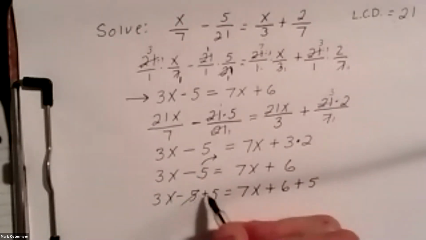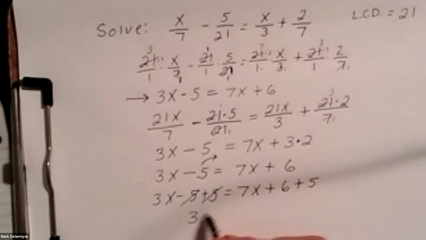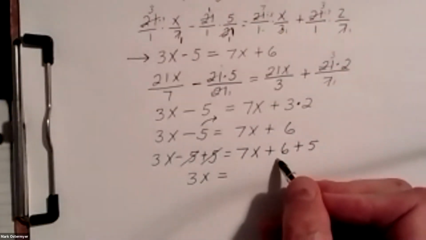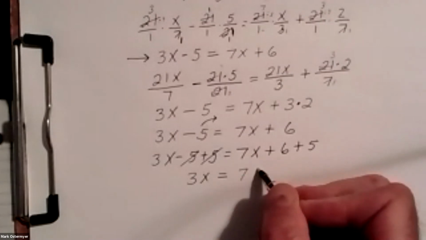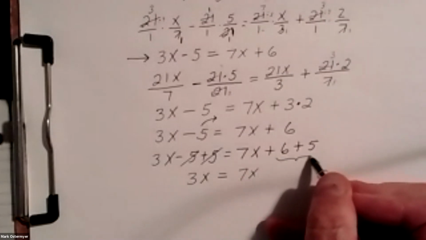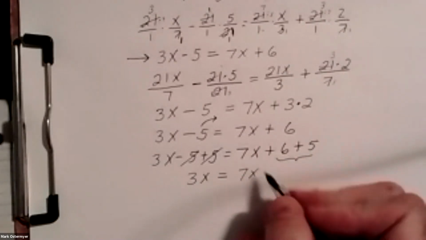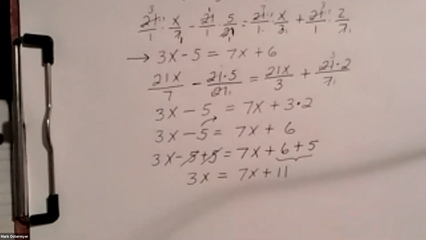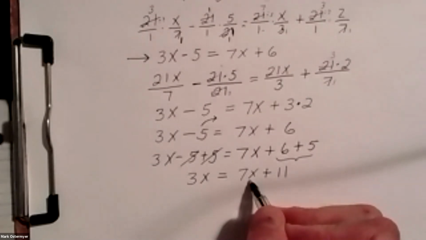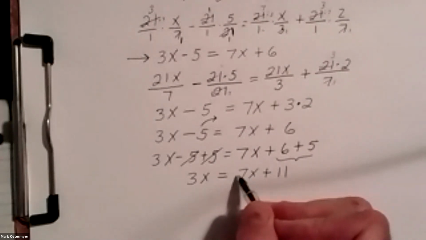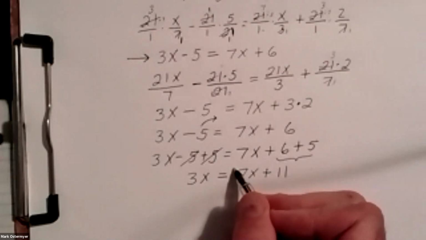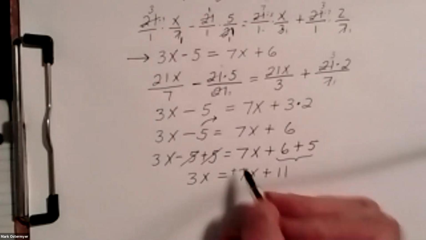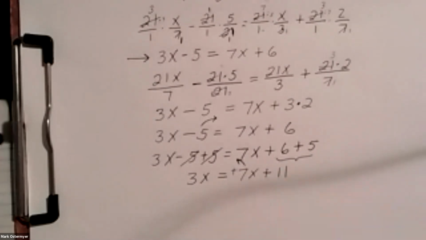These 5s cancel out to 0 on the left side, leaving you with 3x. We have 7x, and what's 6 plus 5? Plus 11. Continuing to separate, let's bring the 7x over to the left side. What sign is in front of 7x? I don't see a sign, so it must be understood to be a positive 7x. How do we move a positive to the other side of our equation?